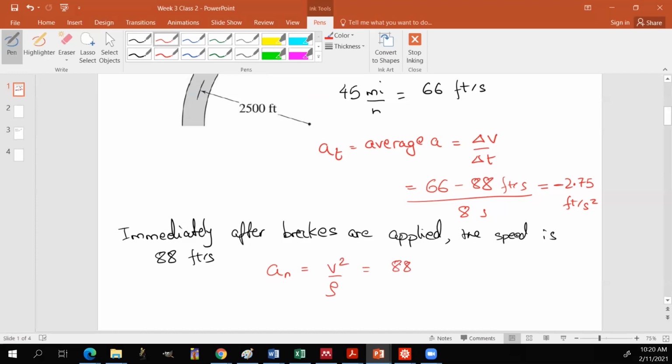So we know that at that point it is 88 feet per second, the whole thing squared, divided by the radius, which was 2,500 feet, like that. So how much does that come out to be equal to?